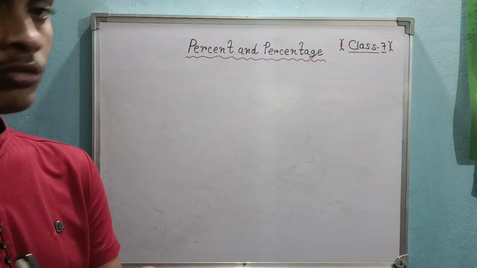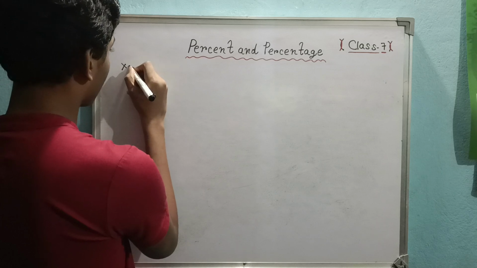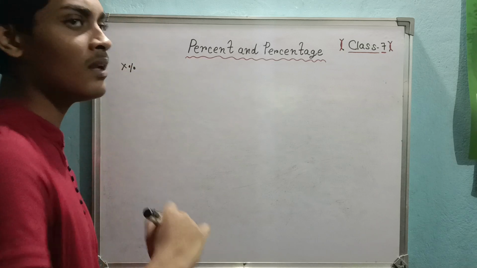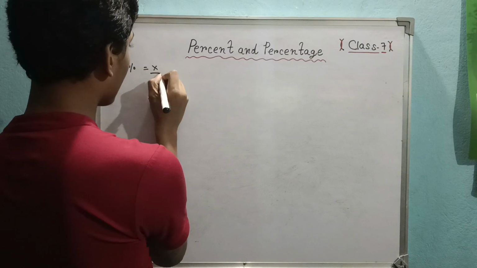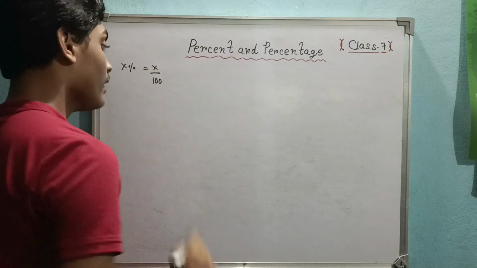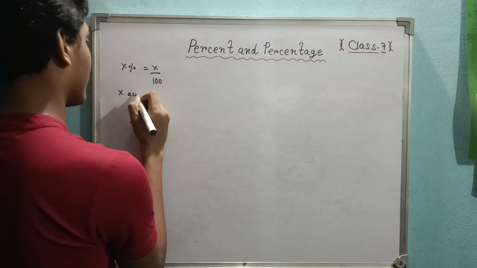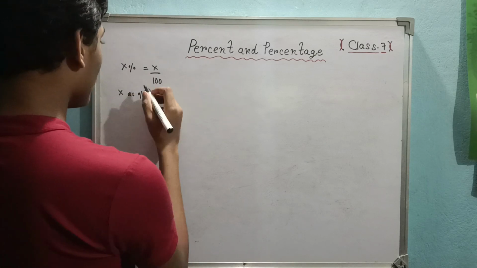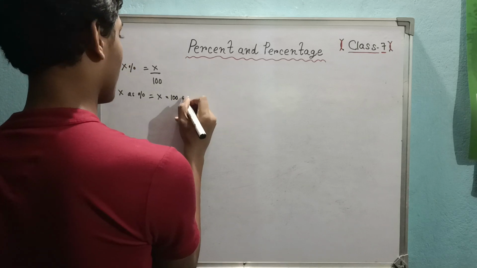It is basically two things. One is that if it is given to you x% and you have to represent it as a fraction, you can write this as x% equal to x by 100. And if you are told to represent x as percent, then you have to do x multiplied by 100%.